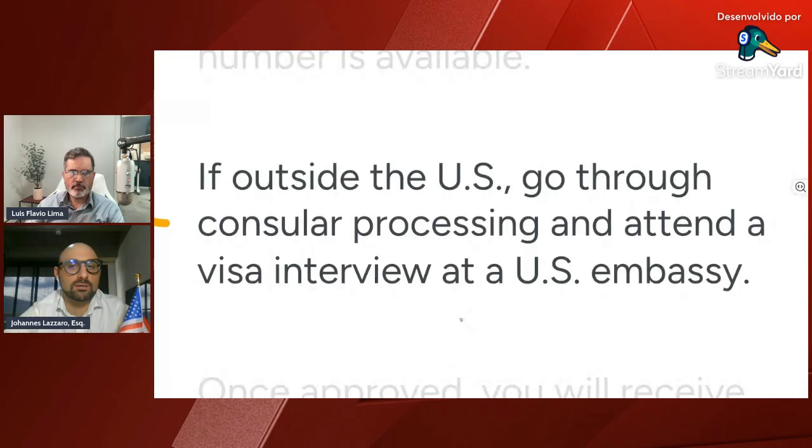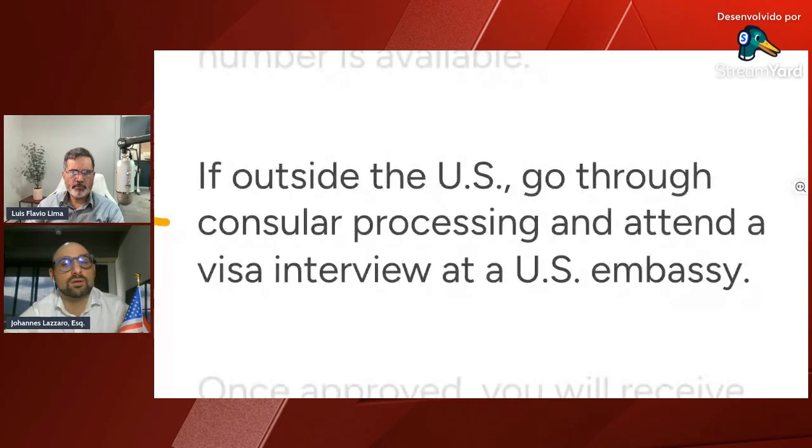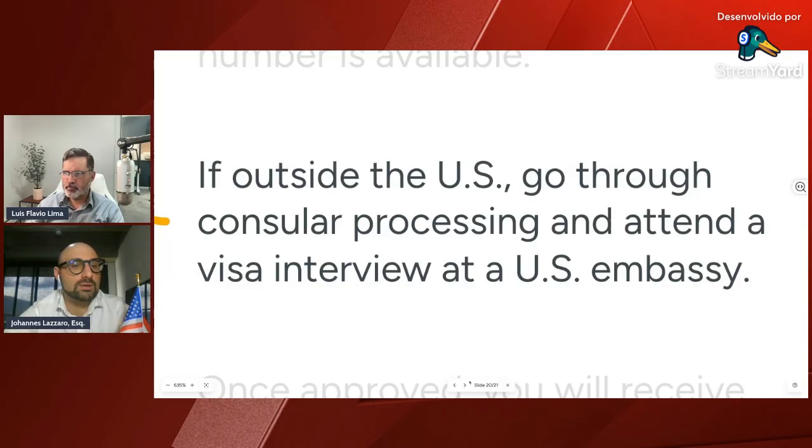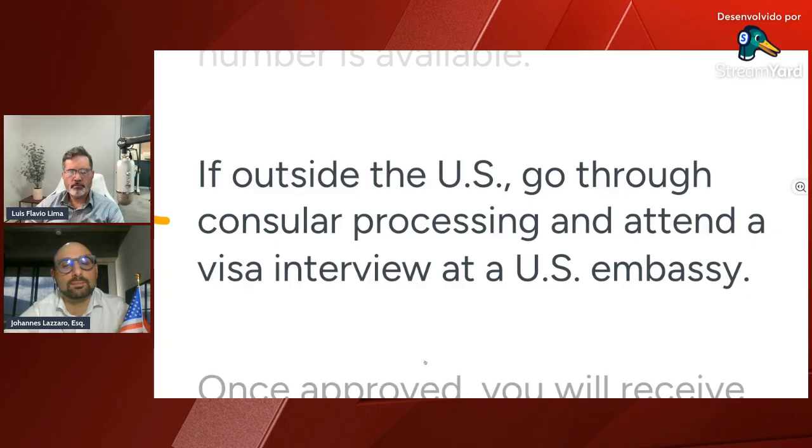Obviously, if you're outside the US, it's going to take slightly longer simply because you're dealing with two different government agencies, right? You're first dealing with the Department of State, and then you're dealing with USCIS. So if you file for adjustment of status in the United States, you will do the interview in the US, you will go to the biometric appointment, and once your case is approved, you'll receive the green card in the mail.